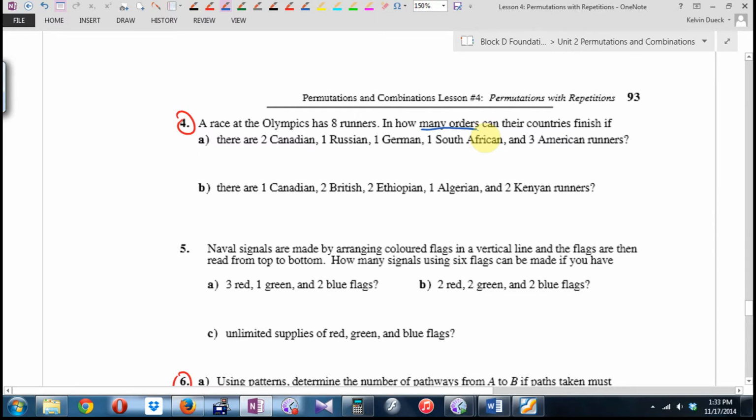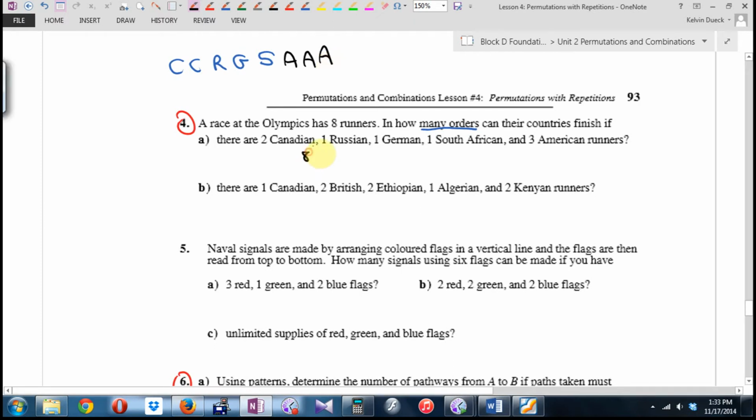I'm not going to do 3A as written. Instead, here's what I see. Oh, hang on. 2 Canadians, 1 Russian, 1 German, 1 South African, and 3 Americans. I see a word. How many letters is that word grand total, Taylor?